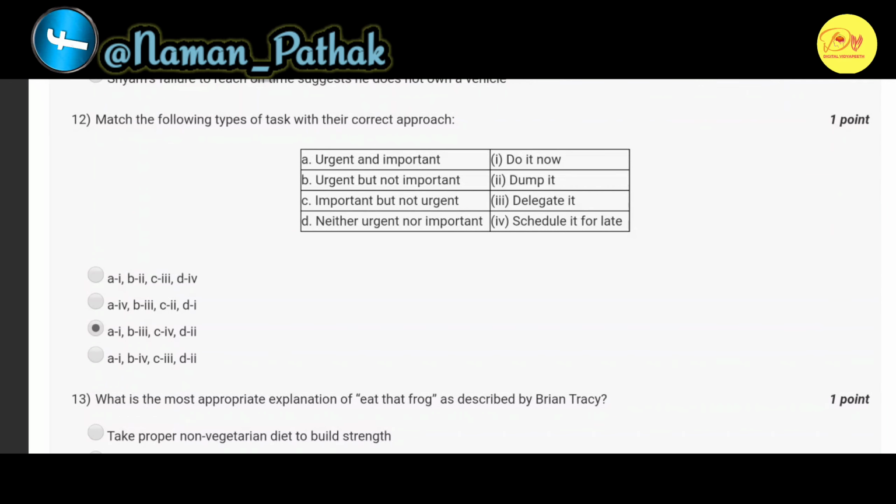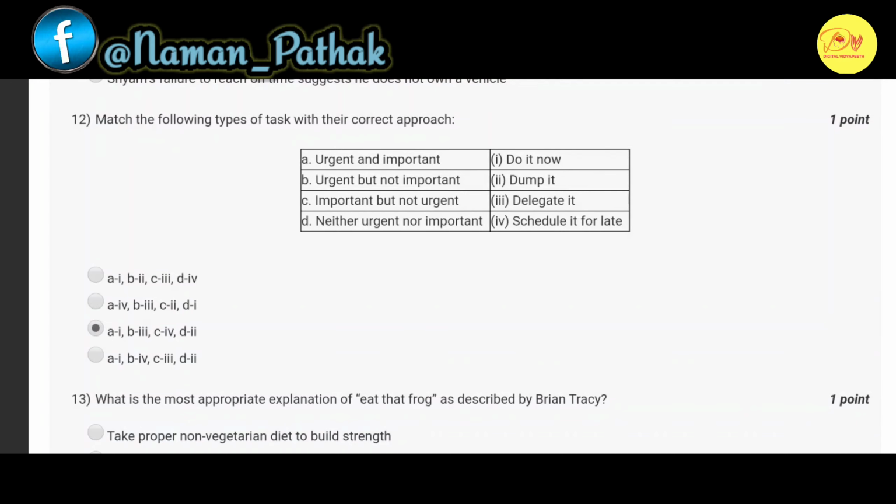Our 12th question is match the following types of tasks with their correct approach. A with first, that is urgent and important, do it now. B with third, urgent but not important, delegate it. C 4, important but not urgent, schedule it for later.